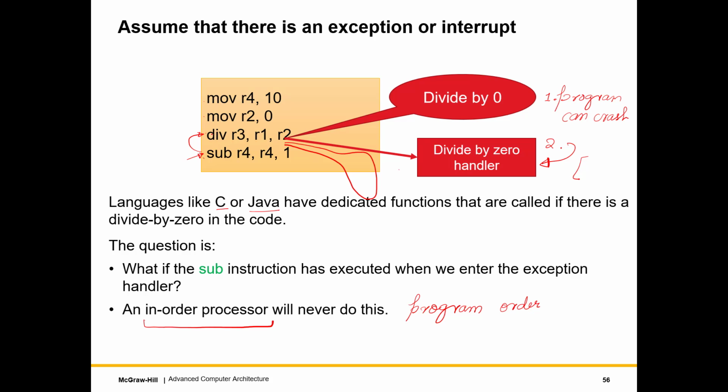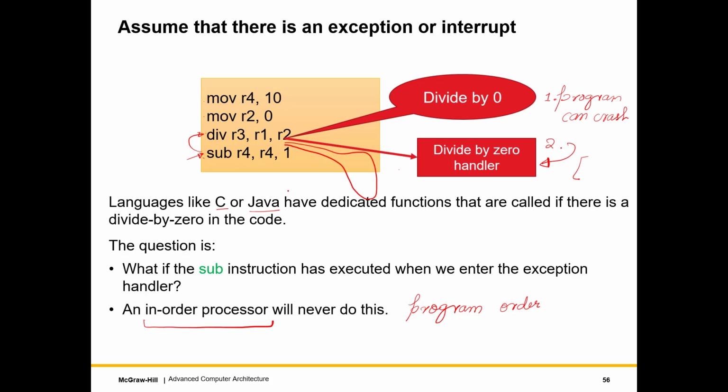So if there is a problem in the division instruction, it will immediately stop the execution, not process the subtract instruction at all, move to the exception handler, do whatever the exception handler says, execute the instructions in the exception handler, come back, and then execute the subtract instruction.